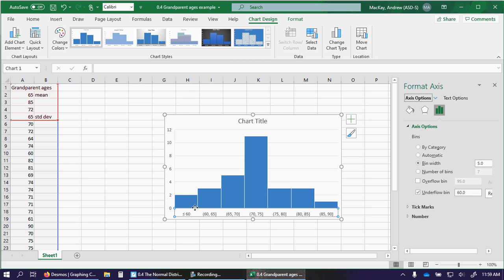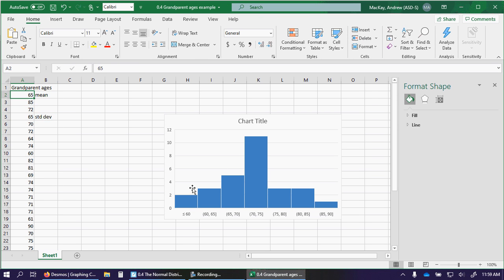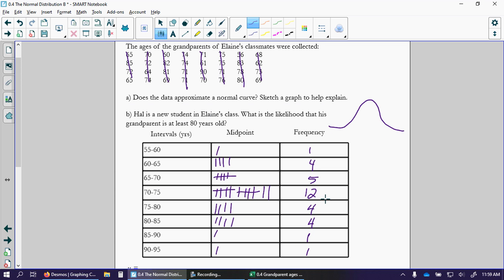And this does it slightly differently, but it goes up and goes down. For whatever reason, it's not picking up those. 2, 5, 10. So this does things a little bit differently. Does it approximate a normal curve? Yeah, I would say so. I did a histogram, it looks kind of like that.